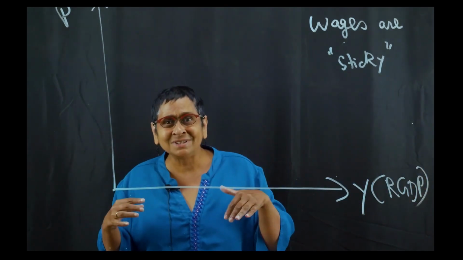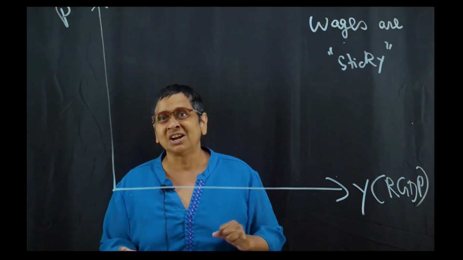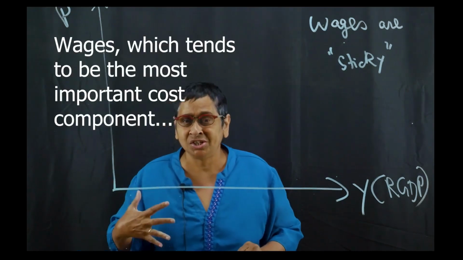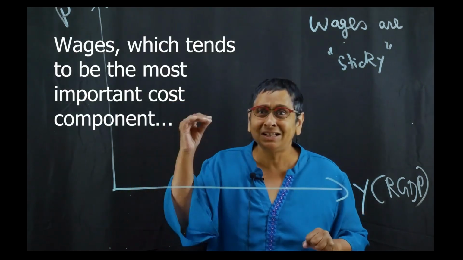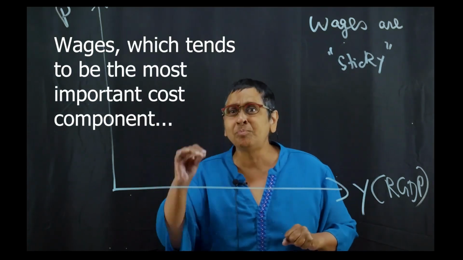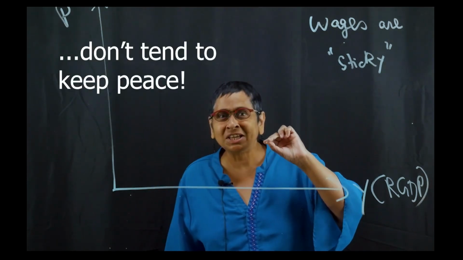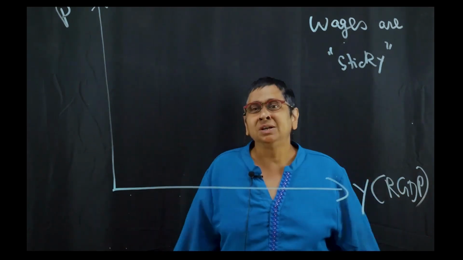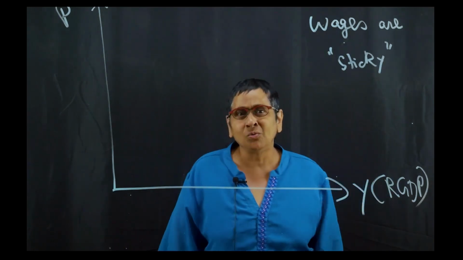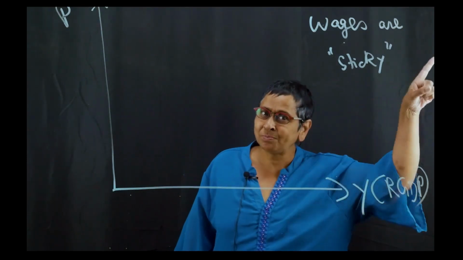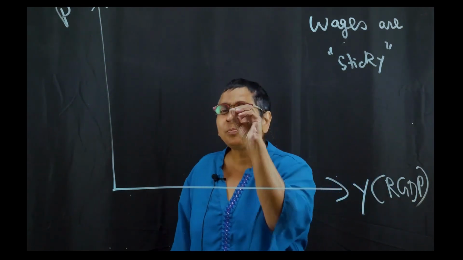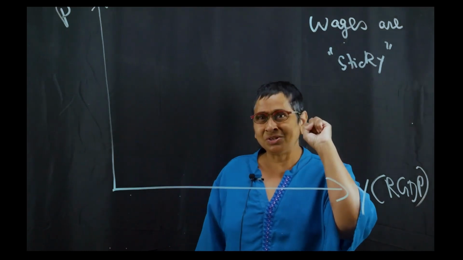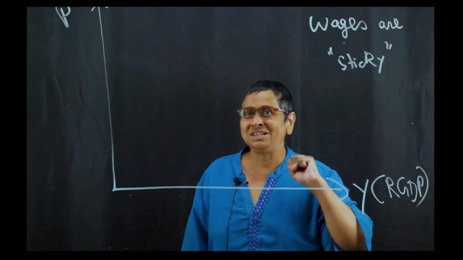So if prices start to rise, wages, which tend to be the single most important cost component, don't tend to keep pace. So it's that wedge between the rate at which your wage goes up and the rate at which prices go up that opens a redistribution where there is increased profitability for the firm.